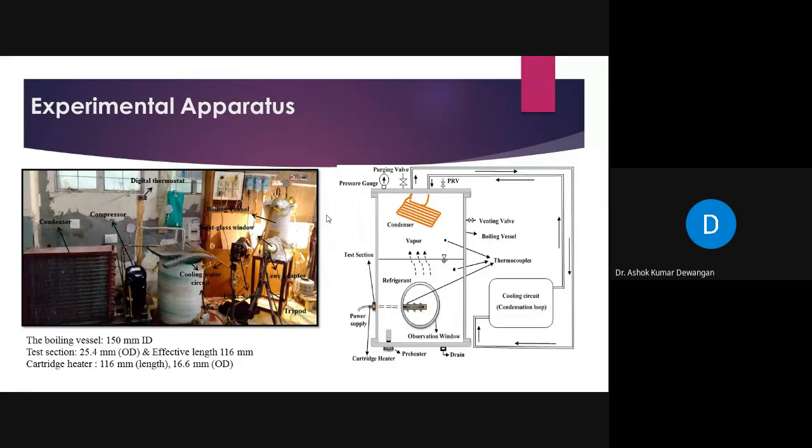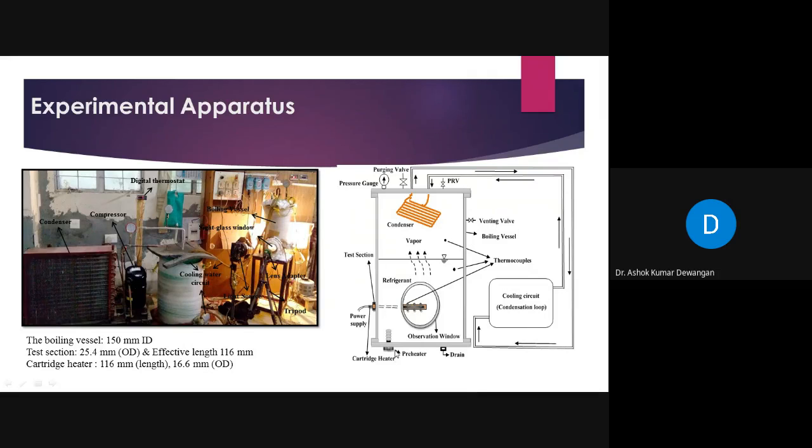The refrigerant vapor boils off from the test tube, comes into contact with the outer surface of the condenser, and gets condensed. An external chiller with an accurate temperature controller was also used to condense the vapor and at the same time to maintain the pool temperature at 12 degrees centigrade.